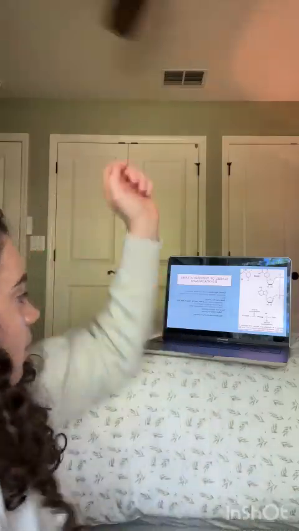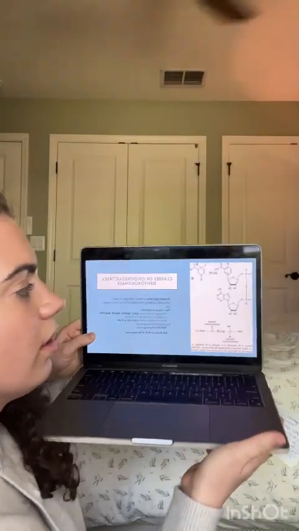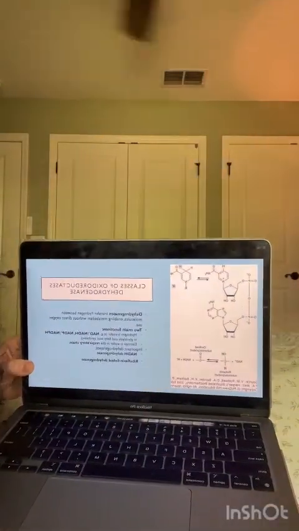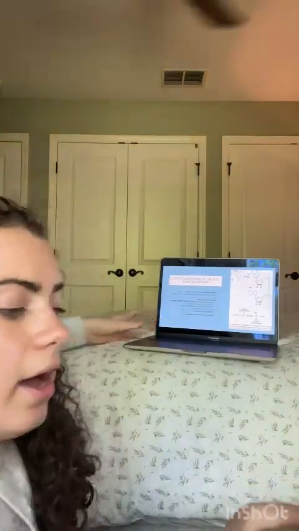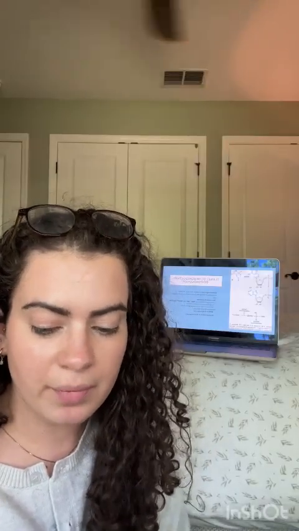Here below, or on the side, I'll just show you a little closer. You can see that NAD+ and FAD accept hydrogen and electrons. These coenzymes carry energy from one place to another, and they let redox reactions happen without direct oxygen, such as in glycolysis.